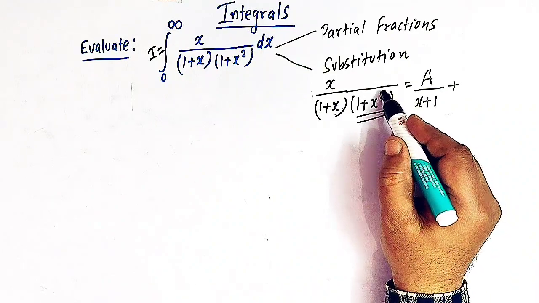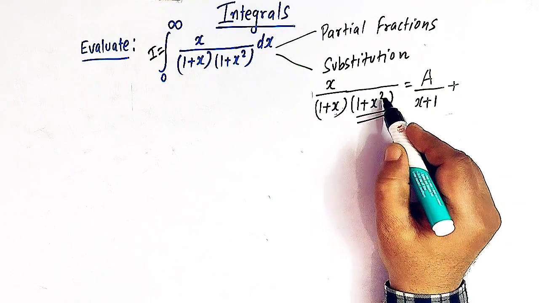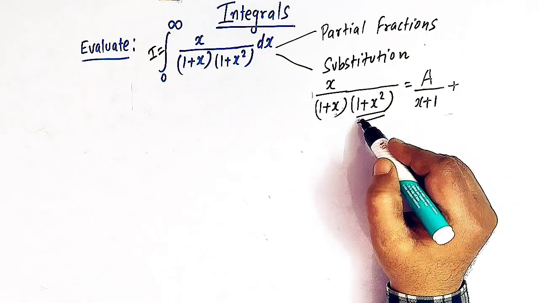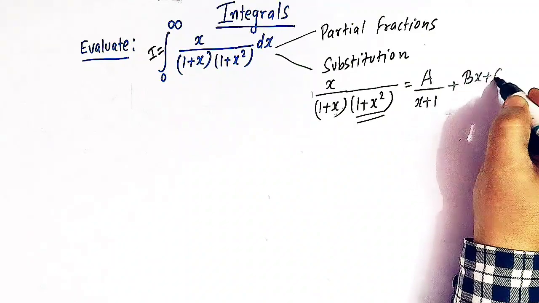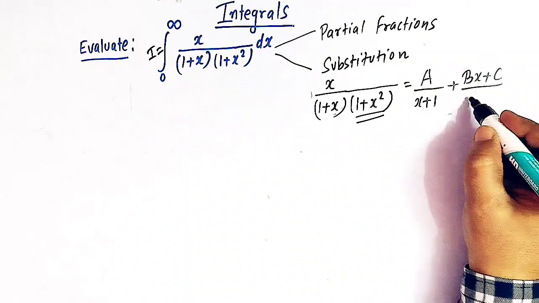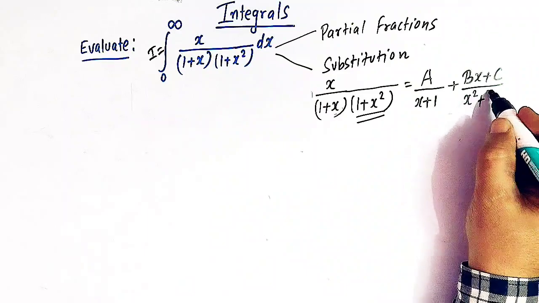When we have a quadratic function which cannot be resolved into linear factors, we write a term like Bx plus C in the numerator, and here we have x square plus 1.